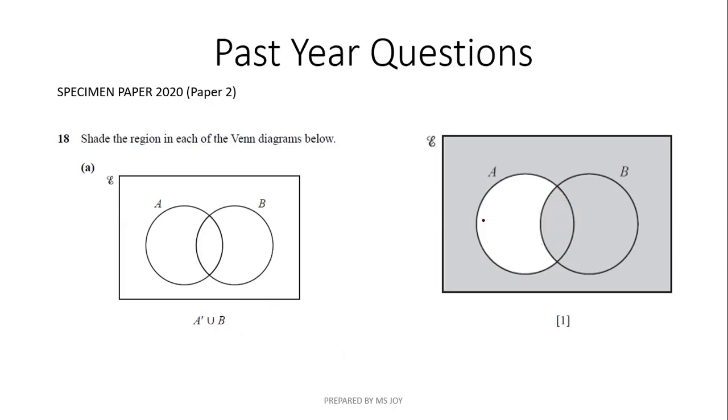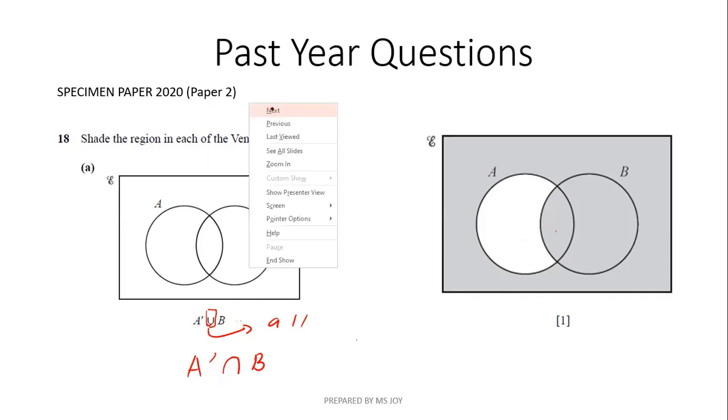So remember, union means all, so you must shade the inside part. If the question gives you A prime intersect B, then this part in the middle will be empty. This is very, very important. This is how the questions will trick you. Most of you got it correct, but then you forgot this part because of the symbol. Good try, most of you.